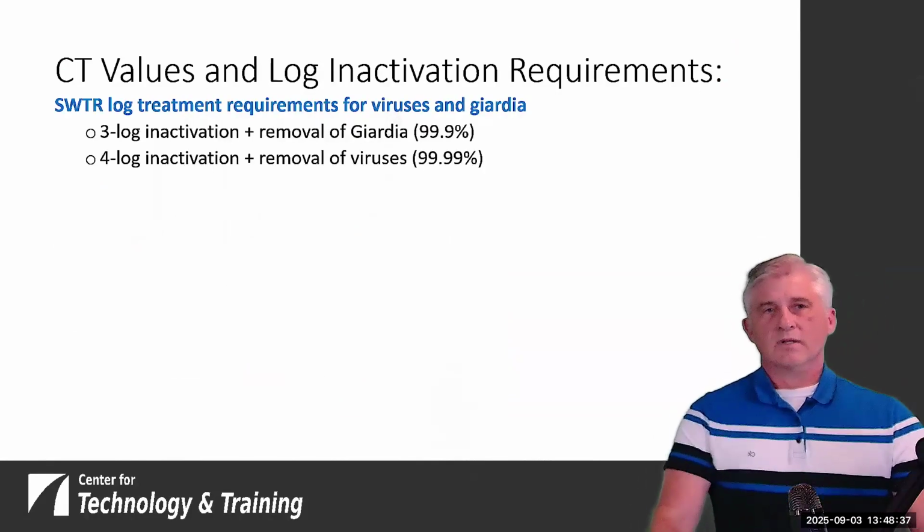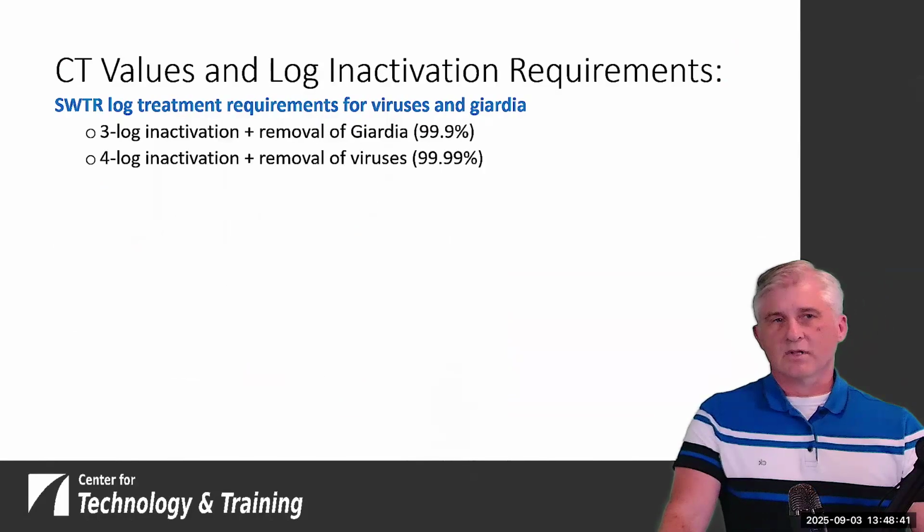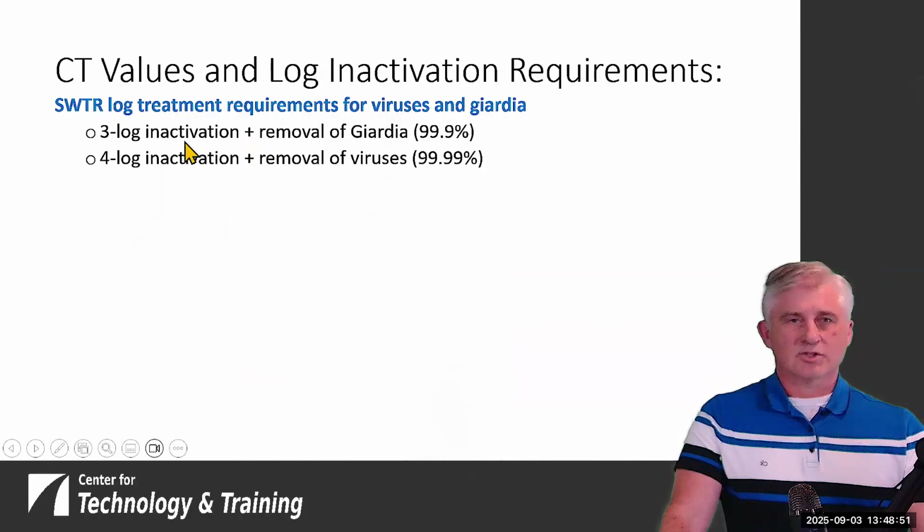So the next topic, we're going to cover CT, comparing the contact time values and the log inactivation requirements. The Surface Water Treatment Rule requires that we have what they call log inactivations. For Giardia, they want 99.9% of it to be inactivated. And for viruses, it's 99.99%.